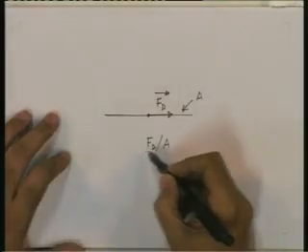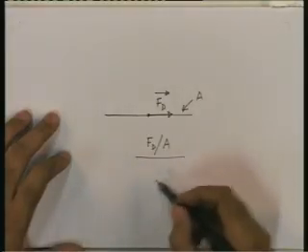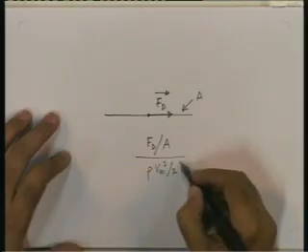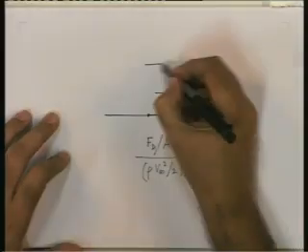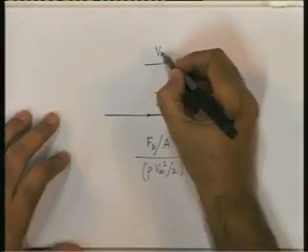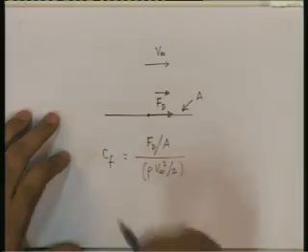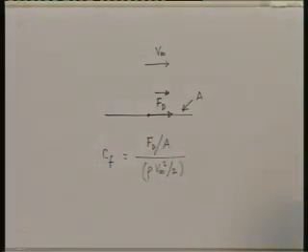Force per unit area, this will have the dimensions of pressure, divided by rho V infinity squared by 2, where V infinity is the free stream velocity, and we have our average drag coefficient.